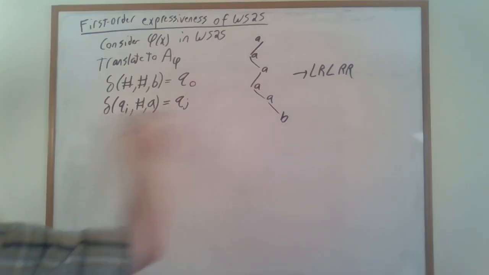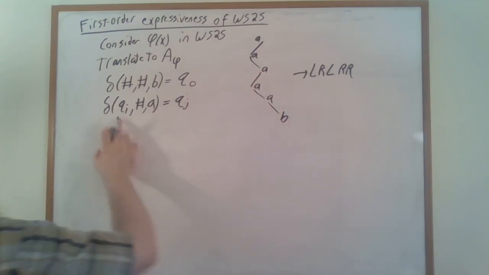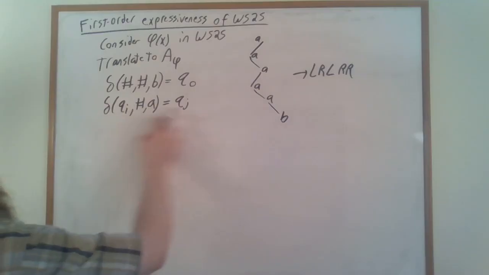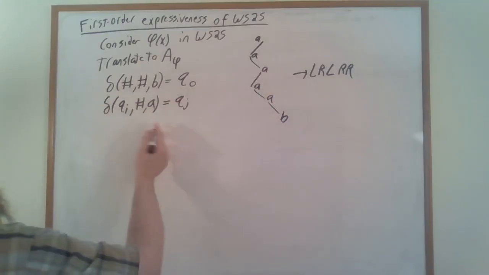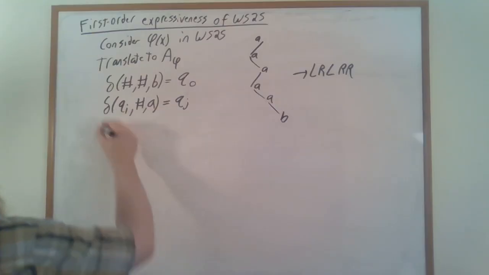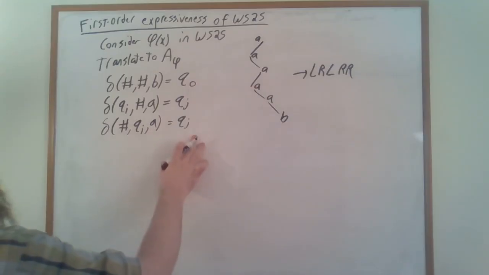So if we have a node labeled A that has just a left child, that's going to have some state associated to it. So what state do we associate to the parent? So we're going to have transitions that look like this for some states Qi and Qj. And we're also going to have transitions that look like this.